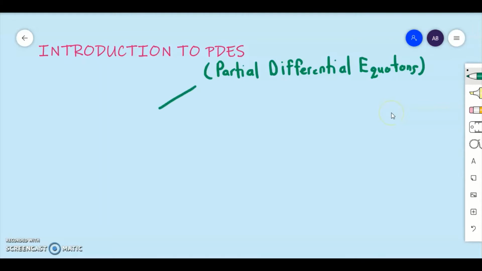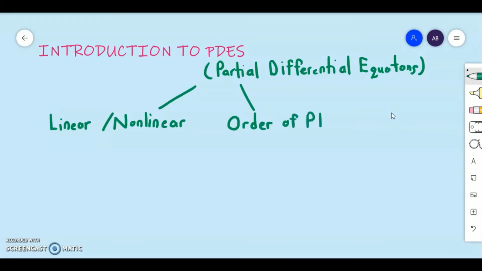So we're going to cover linear and non-linear PDE, how to identify linear or non-linear PDE, and how to find the order of the PDE. Okay, and then what else? We're going to look at homogeneous or non-homogeneous, and then what else?